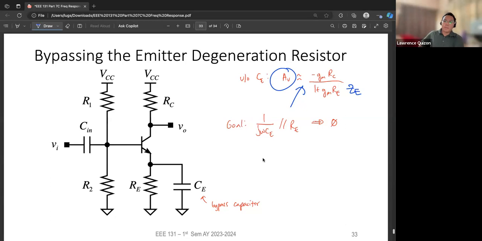Well, ang mangyayari dito, we'd like 1 over j omega CE parallel RE to be close to 0, which means that CE also must be large, no? CE also must be large, no?